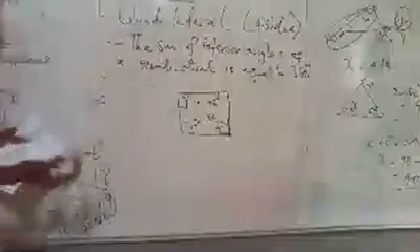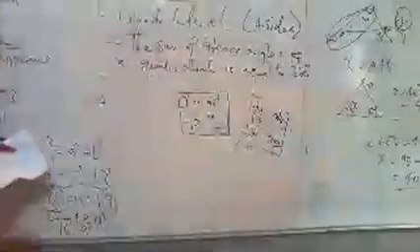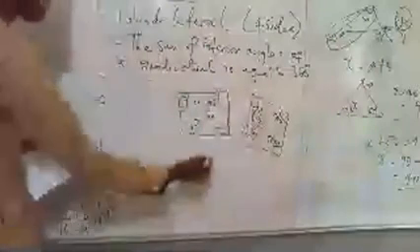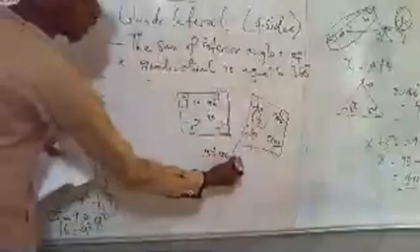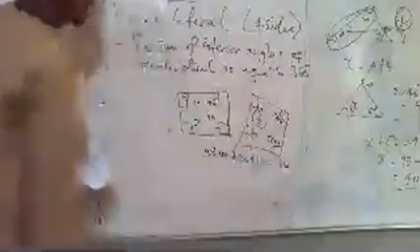So sometimes you may see an irregular shape that is drawn anyhow. Just know that when you want to get any of the angles, just do what? For example, they gave you 100 here, 120 here, 130 here. They ask you to look for this A. From this, you know that all this is equal to 360. Just add it together. A plus 100 plus 130 plus 120 is equal to 360 degrees.